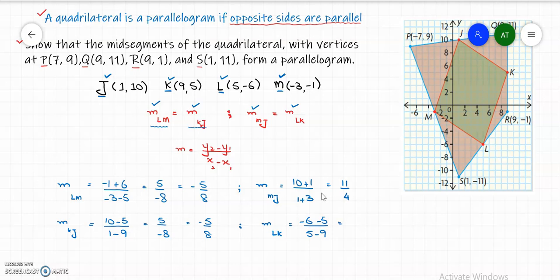So that would be equal to negative 11 over negative 4, or we can say that 11 divided by 4. So we can see that the slope of side MJ and the slope of side LK are the same. So we can say that the given quadrilateral JKLM forms a parallelogram because the opposite sides are parallel, as the opposite side slopes are the same.